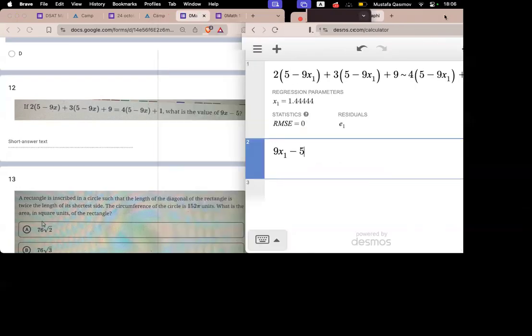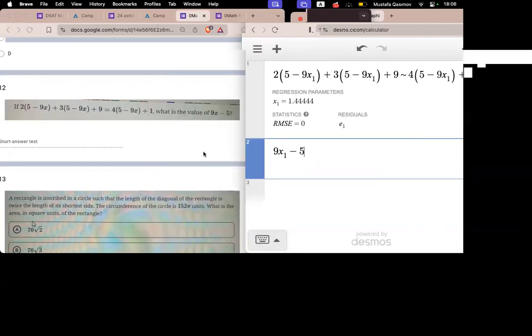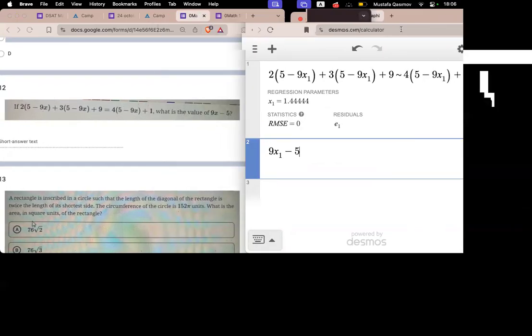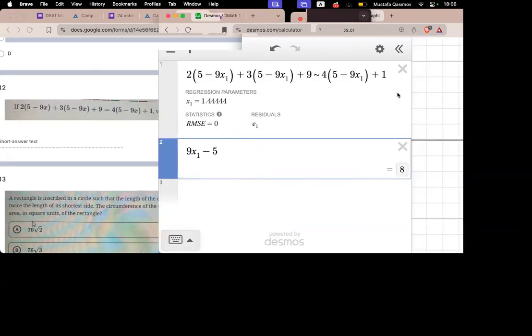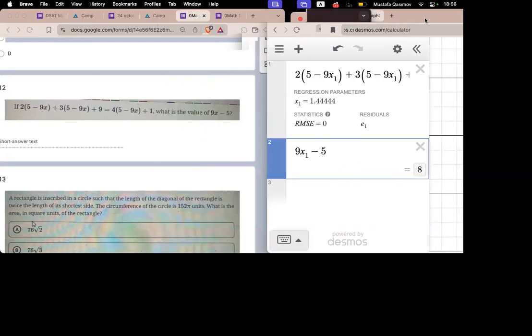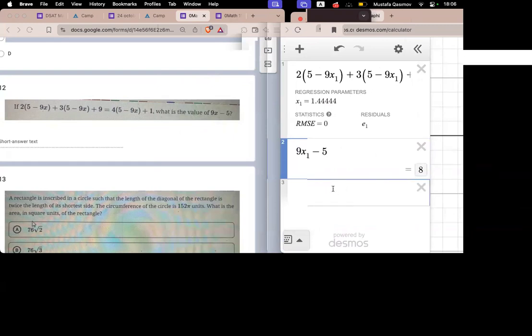So you will get answer 8. Answer is 8. But maybe you are not very fast at keyboards. You can also write it like that. 2a plus 3a plus 9 is equal to 4a plus 1. Then a is equal to negative 8.